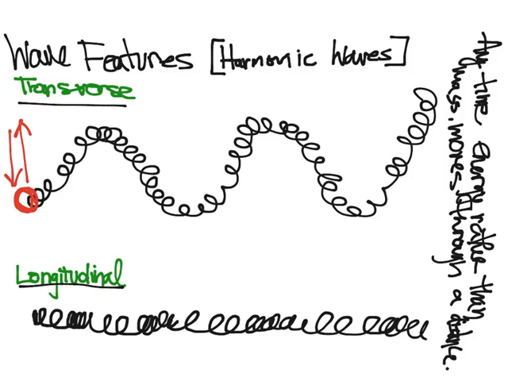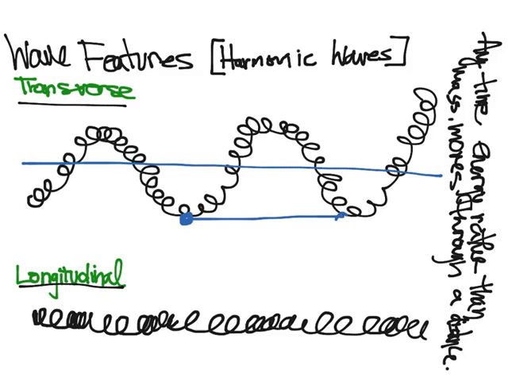Now we need to talk about a few features of waves, and you should already know a lot of these from pre-calc and from simple harmonic motion, but we need to formally define them. The distance it takes for a wave to repeat itself is the wavelength.